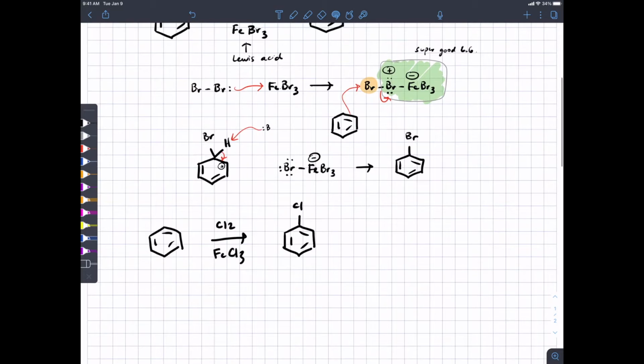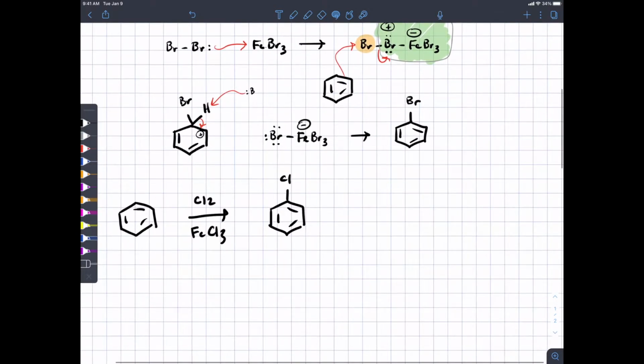All right. One thing we could do at this stage is just ask, how do these groups affect the reactivity of the benzene ring relative to the benzene starting material? Chlorine is electronegative, and we'll put bromine in that group too, even though bromine's a lot less electronegative than chlorine.